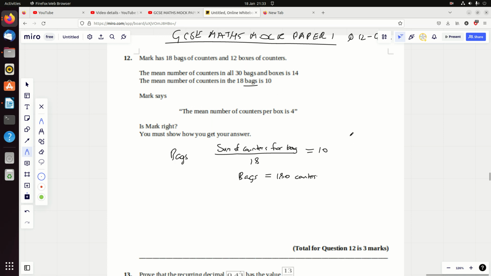Now we know that the sum of the bags plus the sum of the boxes, divided by 30, equals 14. In other words, 30 times 14, which is 420, is the sum of the bags and the sum of the boxes.